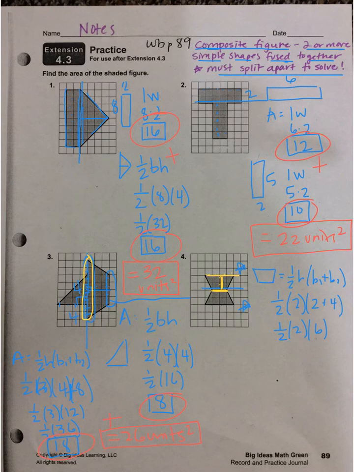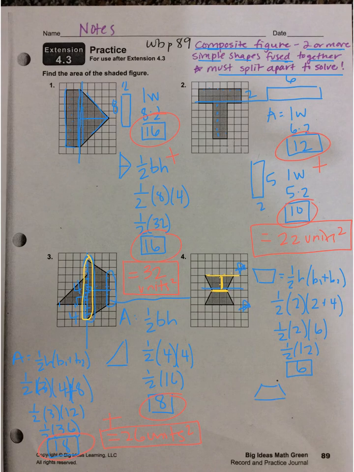So, 2 times 12, 2 times 6, is 12, and half of 12 is 6. Our second trapezoid is exactly equivalent to the first one.